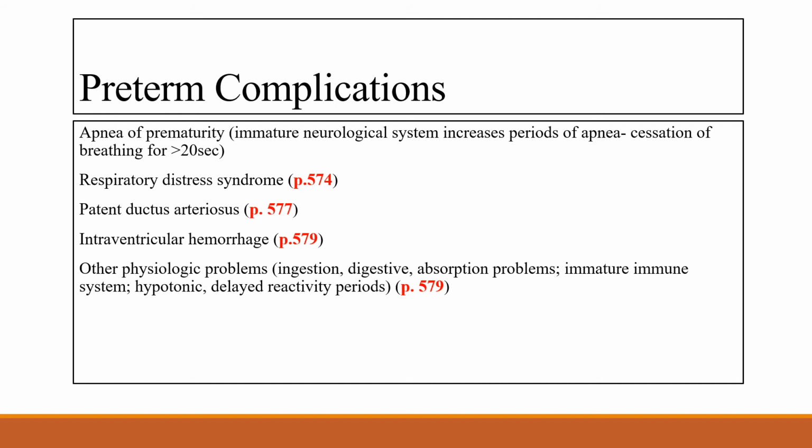Preterm complications include apnea of prematurity, and this is a cessation of breathing for greater than 20 seconds. Any baby that has any episodes of apnea will be monitored very closely and may need to be on cardiorespiratory monitoring in the neonatal intensive care unit. We do want to monitor them for respiratory distress syndrome and patent ductus arteriosus, and you will sometimes hear a soft murmur for these babies.